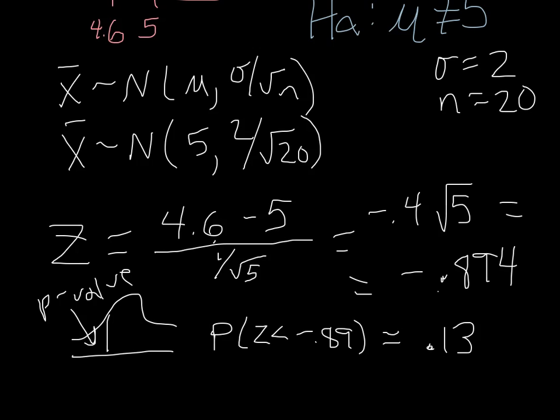Okay? If we want to be 95% confident, and let's assume that we do, we have a p-value of 0.13. We'll keep that up there. But if we want to be 95% confident, then we're going to need to compare it to the z value or the significance level at 95.